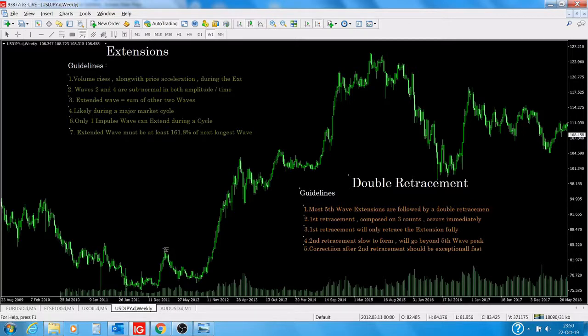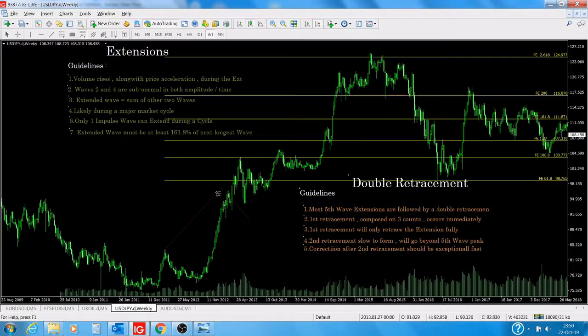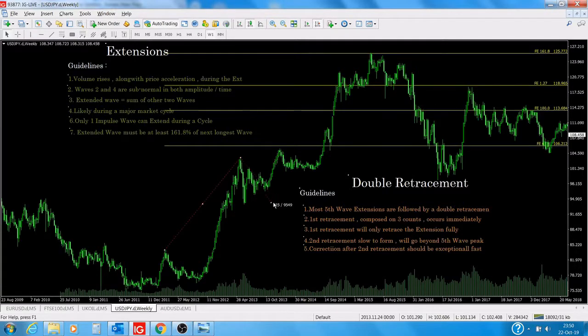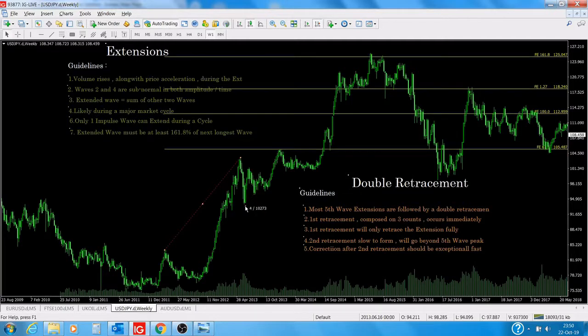Now after the extension has been completed, there are certain guidelines for the double retracements as well. The first one is the general observation that most fifth wave extensions are followed by a double retracement pattern. The first retracement, comprised of three counts, occurs immediately in a normal fashion, and is likely to terminate at the beginning of the extension.